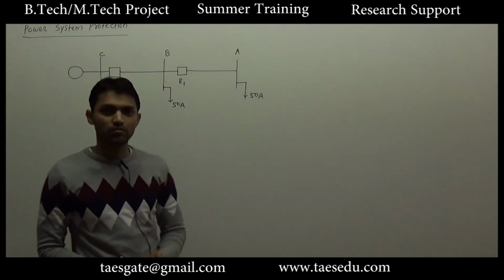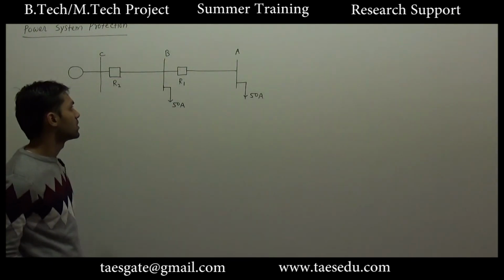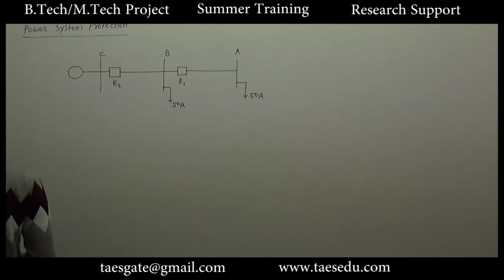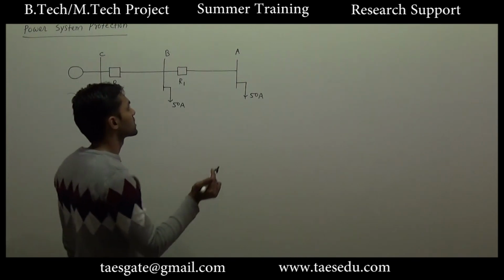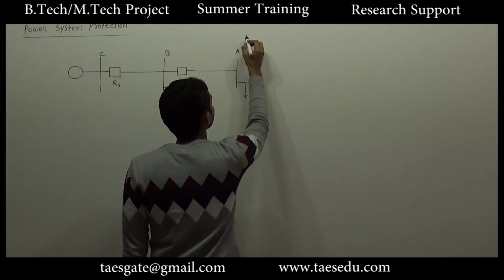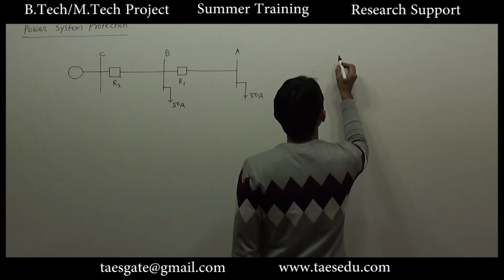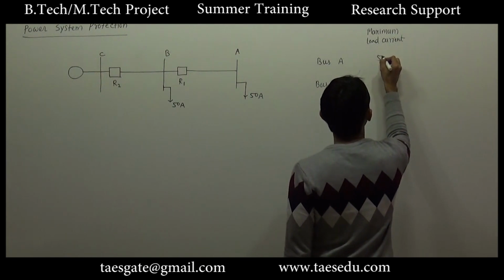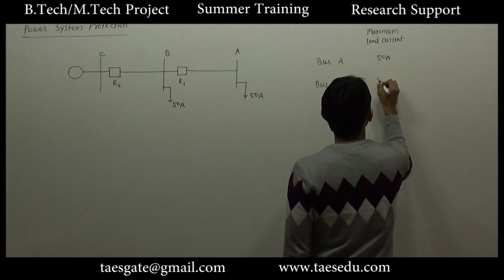Now let us do a numerical problem based on the coordination between relay R1 and R2. Let's say the maximum load currents at bus A and bus B are 50 and 50 ampere.